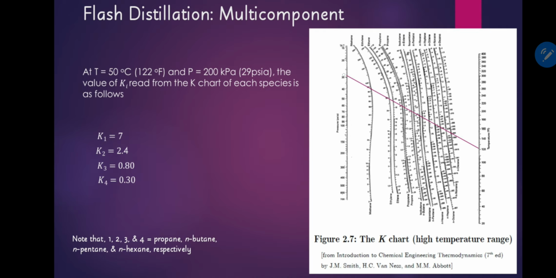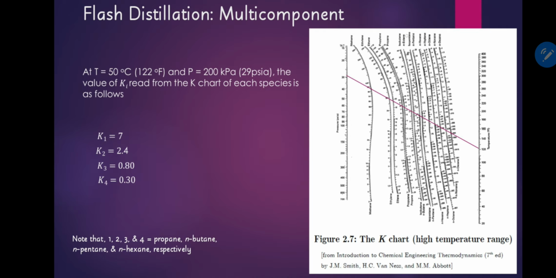You need to connect the points to form a line. Upon forming the line, you look for the species you want to get K for. For K1, that is propane. It intersects here, therefore the value for propane is around 7.